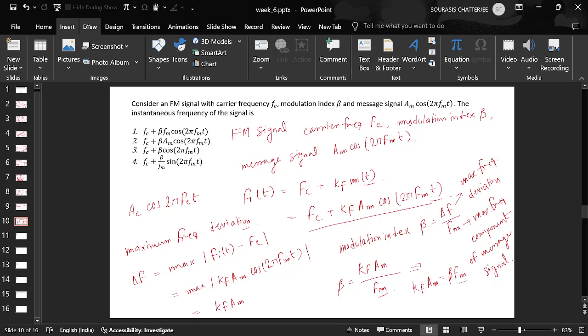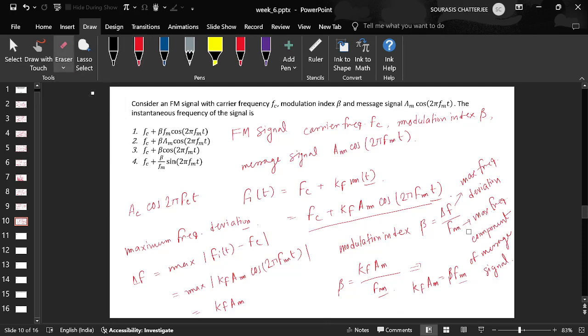So my instantaneous frequency is now going to be, from this expression, Fc plus beta Fm cos 2 pi Fm t.